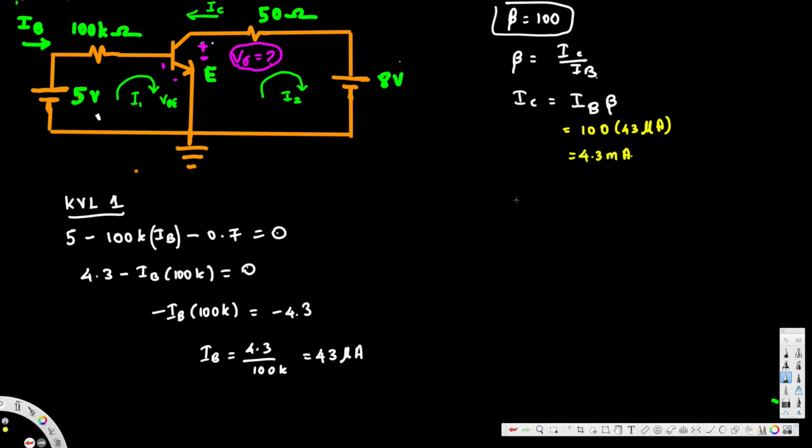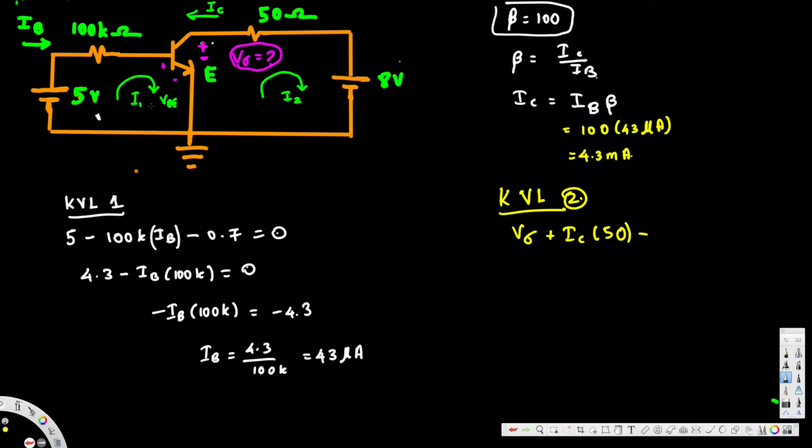Now we are going to apply KVL in the second loop to find V sigma. KVL in loop 2: this is going to be V sigma plus IC times 50, minus 8.